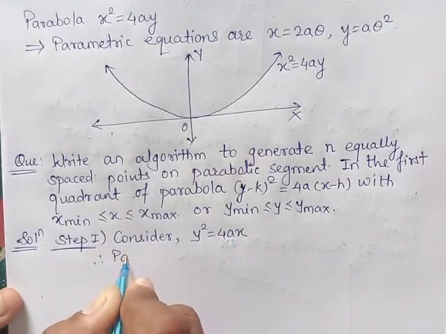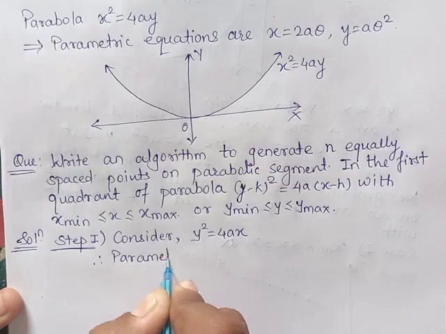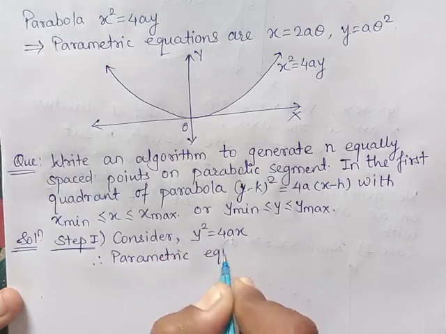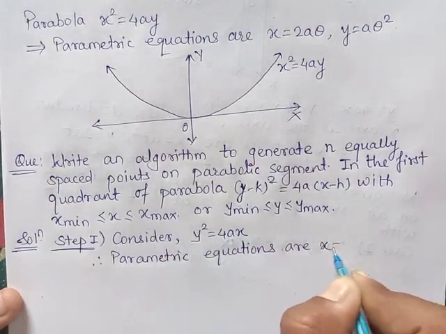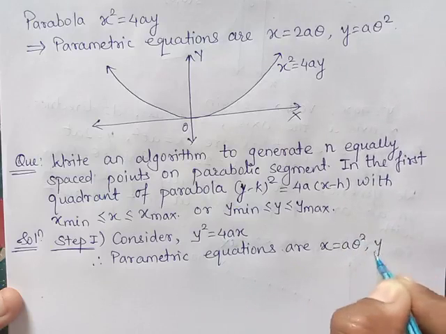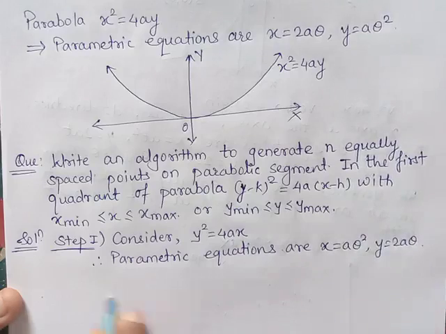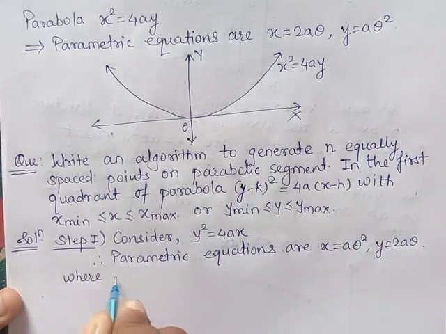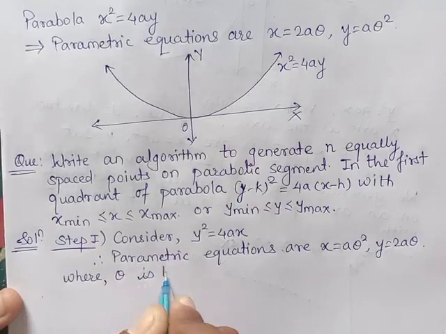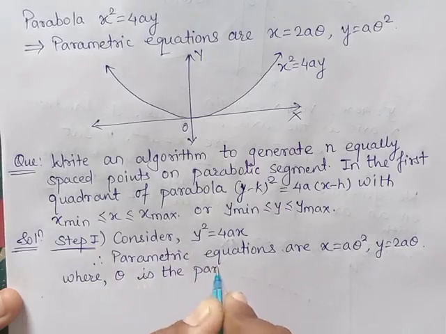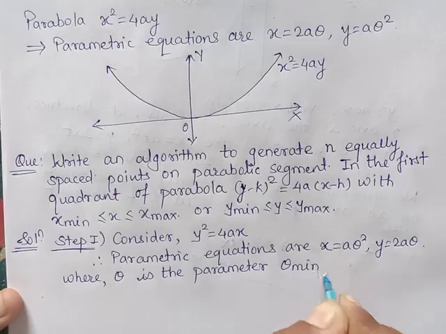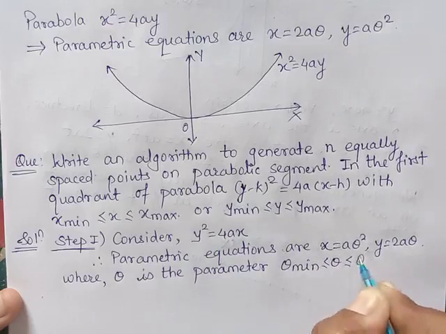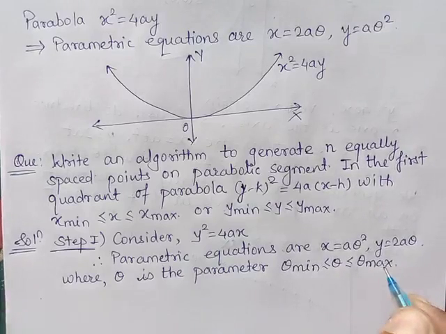Therefore, the parametric equations are x equal to a theta square, y equal to 2a theta, where theta is the parameter, theta minimum less equal theta maximum. Now step 2.